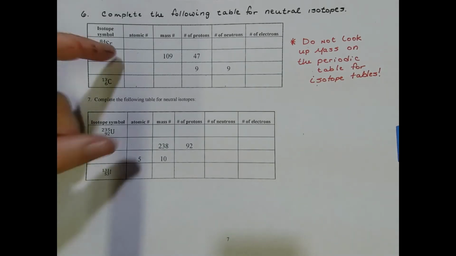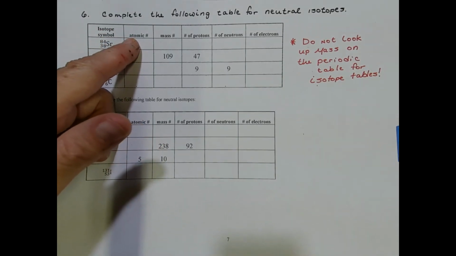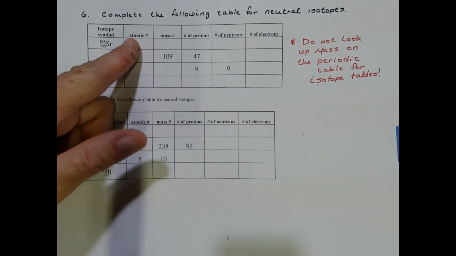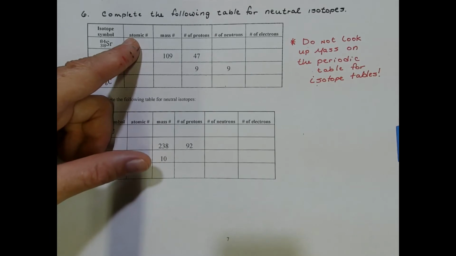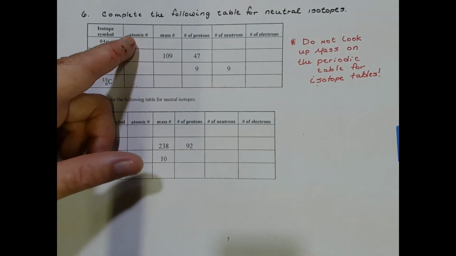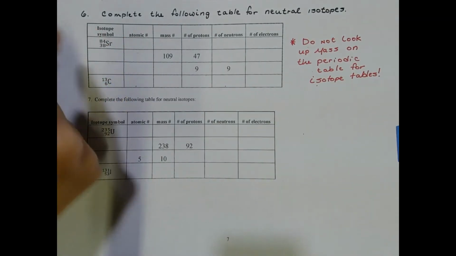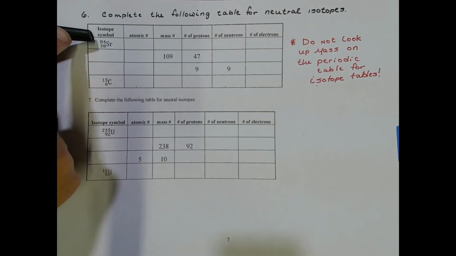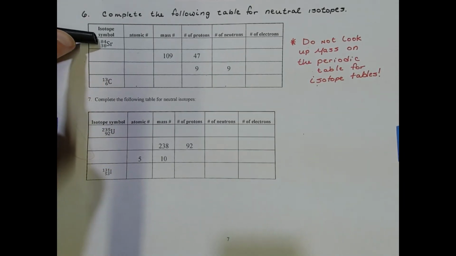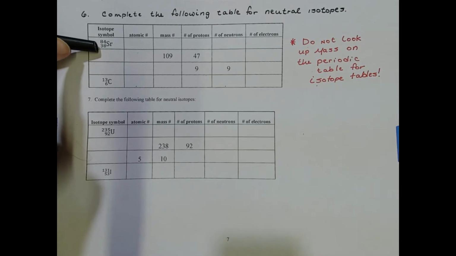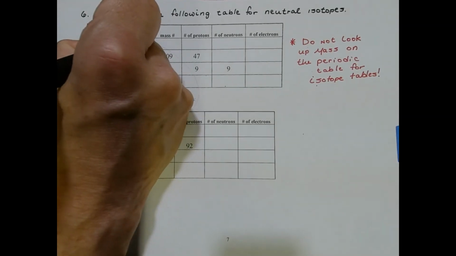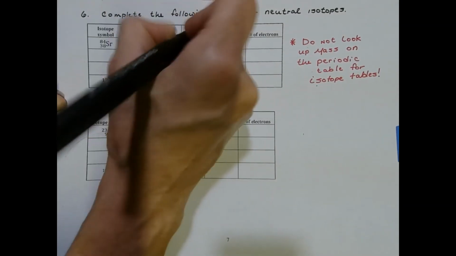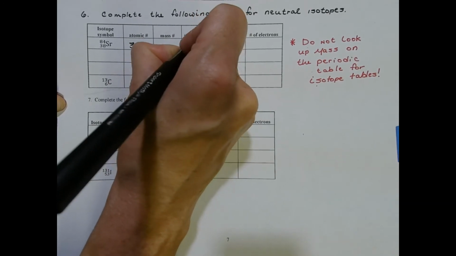So by all means, you can look up an atomic number on the periodic table. The number of protons associated with a particular element is constant. That doesn't change. But I don't even need to here because I know that my larger value is my mass number, and my smaller number represents the atomic number, or the number of protons. So I'm going to do 38 here, and I'm going to do protons as well while I'm at it.